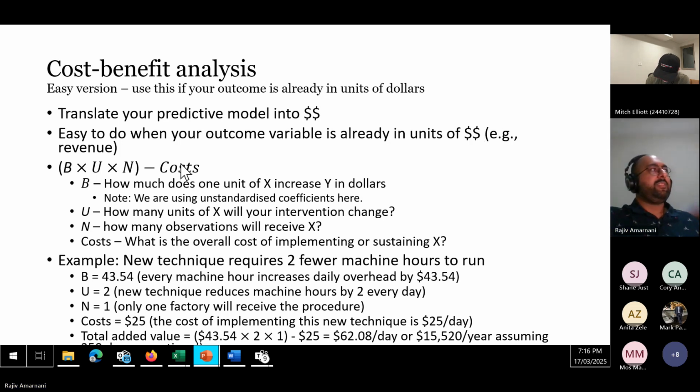So the way we work out costs and benefits from a regression model is we have this neat little equation here. You have your B coefficient by the number of units multiplied by the number of observations minus the costs. Best way to understand this is with an example.